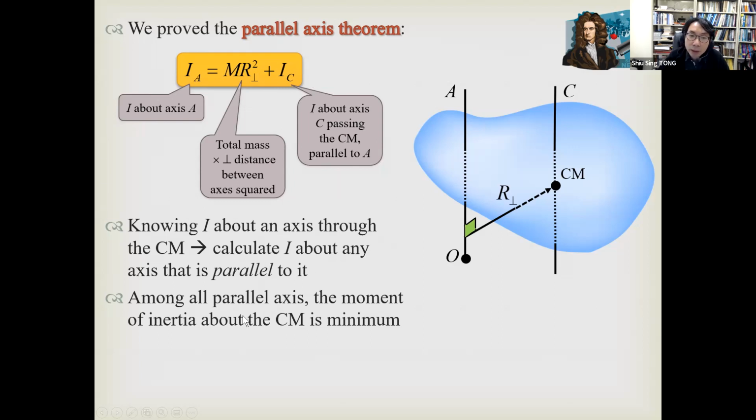That means among all the parallel axes, the moment of inertia about the axis that passes through the CM is the minimum. Okay, so the axis through the CM has the minimum moment of inertia among all the axes that are parallel to it. And that is an interesting observation. Now let's go back to the proof.